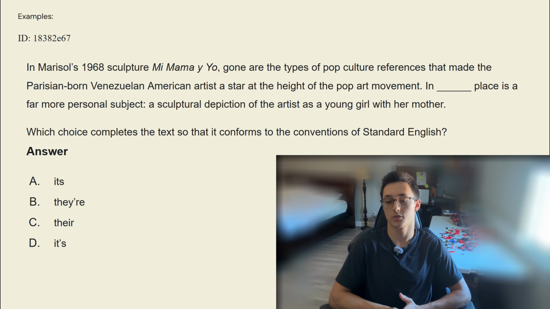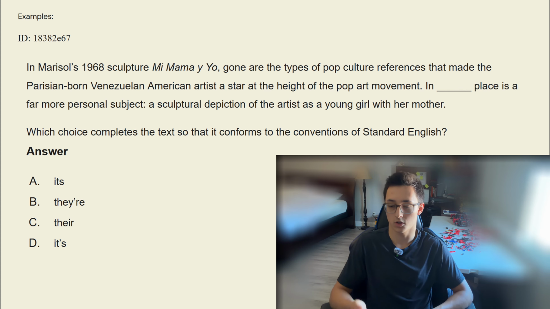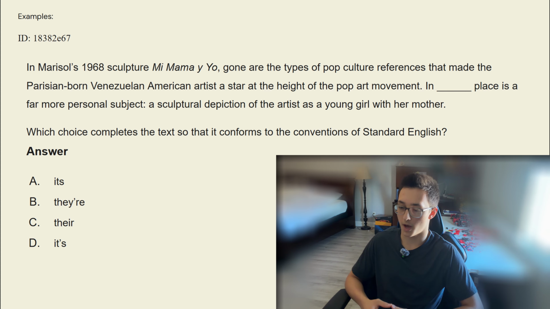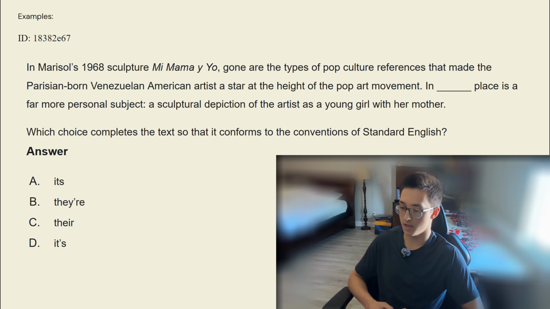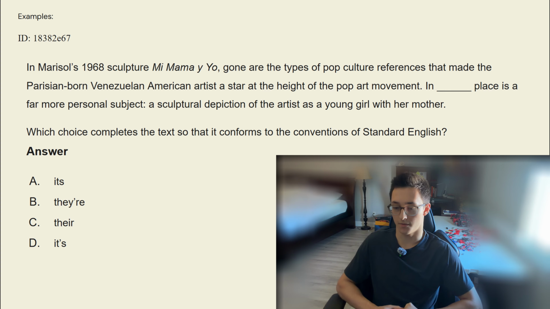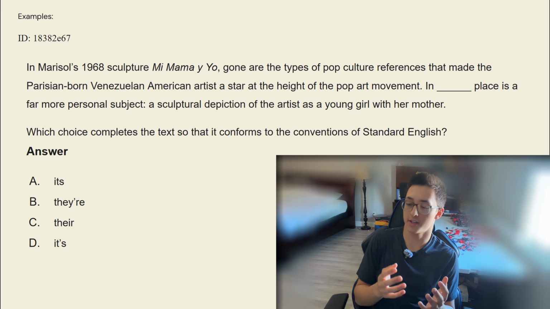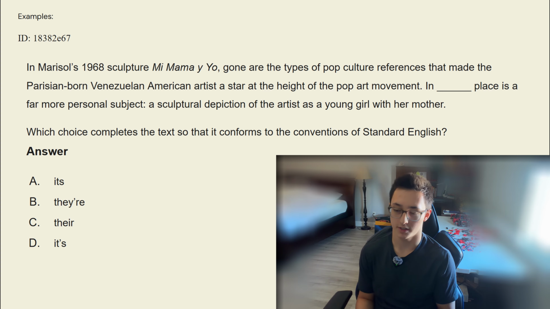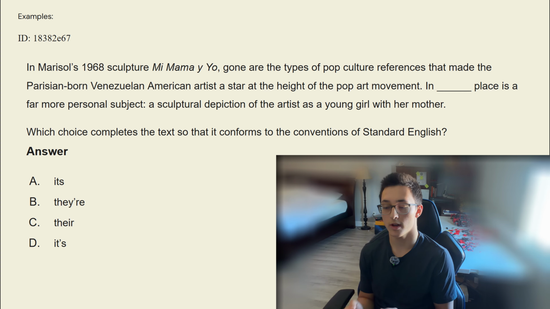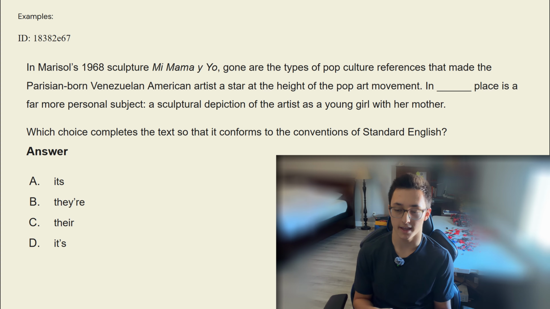Now for this question, the answer choices look a little bit different, but this is still a possessives question, okay? So let's read through it. In this person's sculpture, gone are the types of pop culture references that made the artist a star at the height of the pop art movement. In blank place is a far more personal subject. Okay, so we can see that what we're trying to talk about is the references. It's the pop culture references that are being replaced, right?